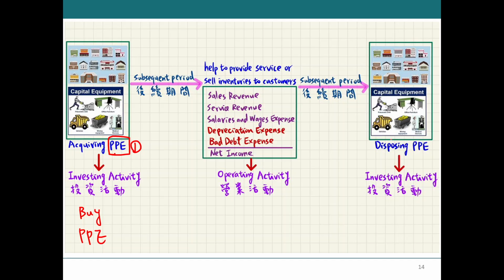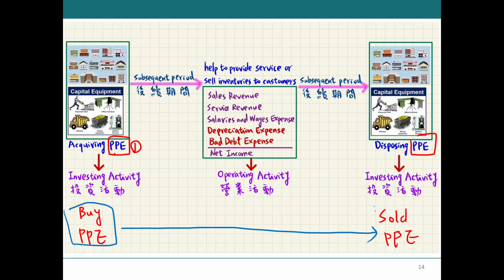So when you sell PPE, also that's your investing activities. Why? You buy it in order to earn the gain, the profit, right?